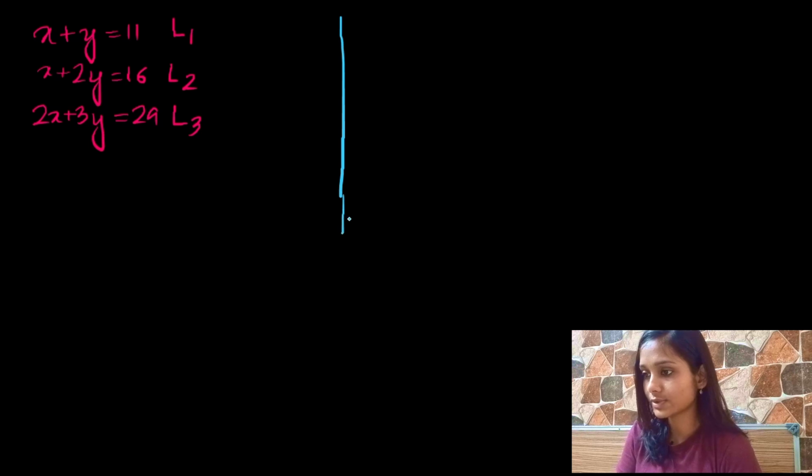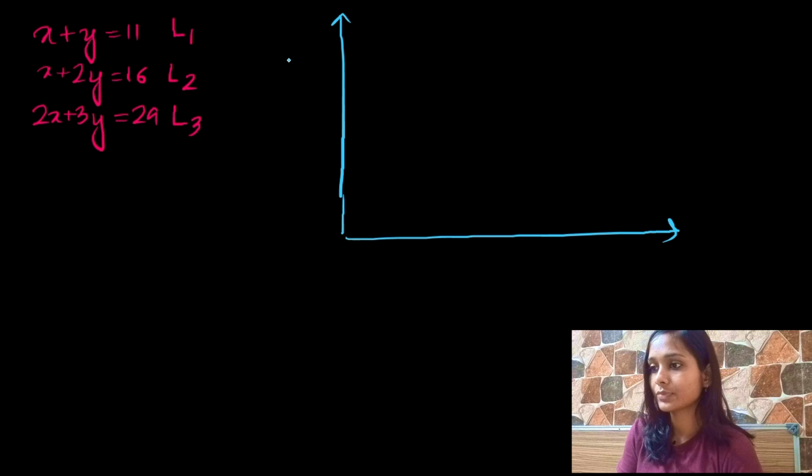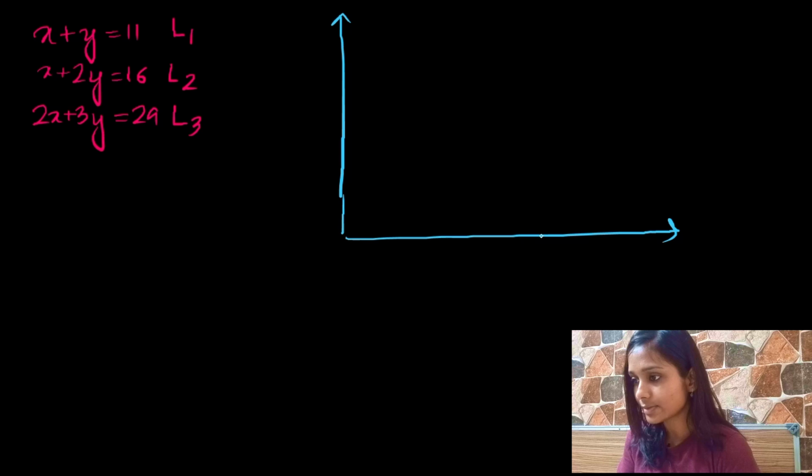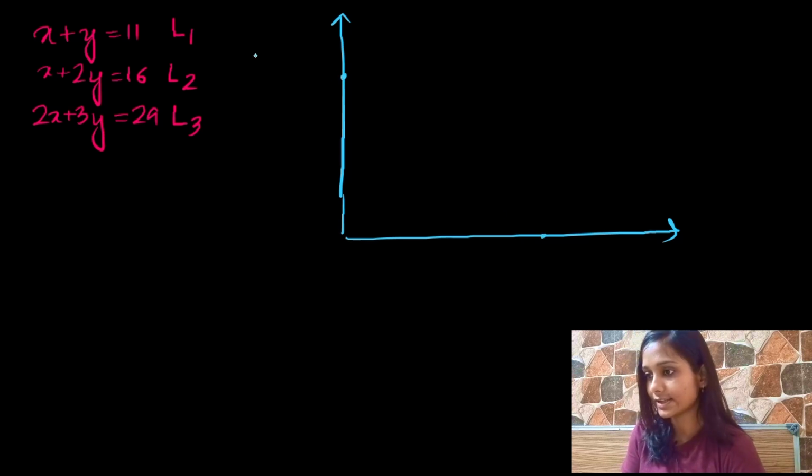So suppose this is the coordinate axis. First equation is x plus y equals 11. So x intercept is 11 and y intercept is 11. So somewhere here, suppose this is 11 and this is 11 here. So let me draw this.